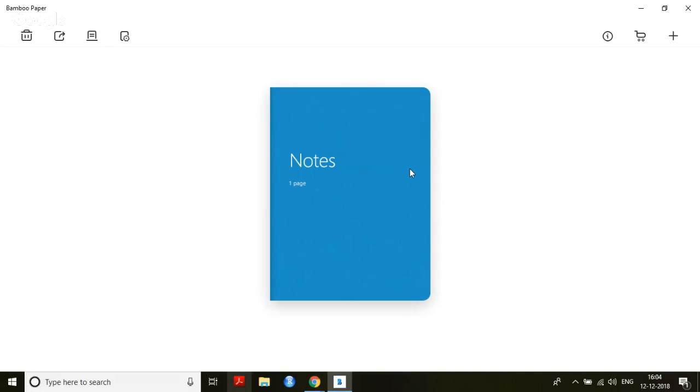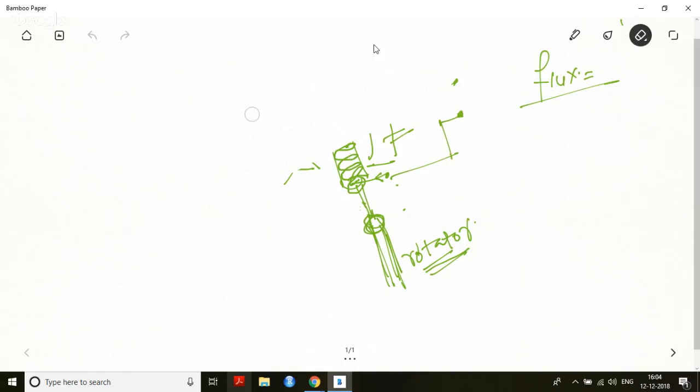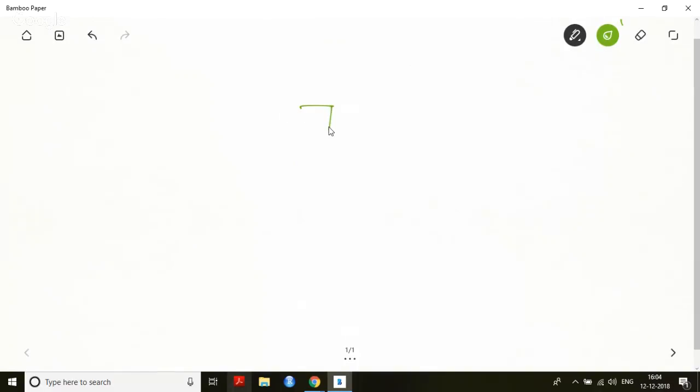Now you can ask how it is possible. So try to understand that. Suppose this is the primary side of the transformer and this is the secondary side.